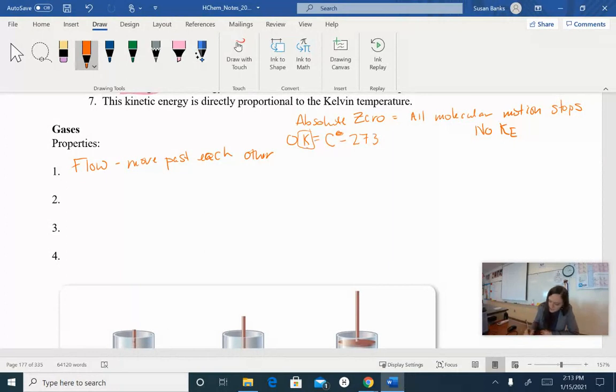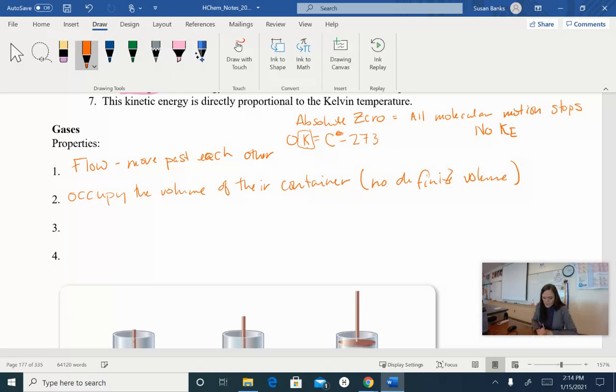Okay? So because they have no definite volume, they occupy the volume of their entire container. No definite volume. Okay? And they also take the shape of their container.